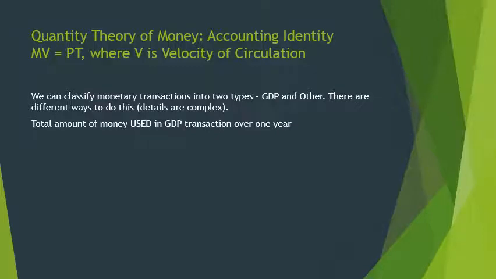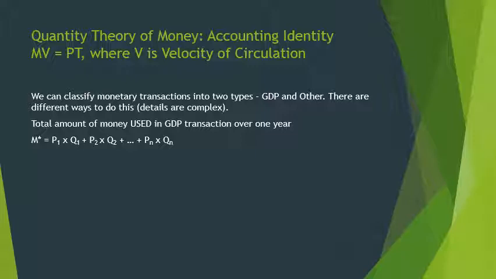The total amount of money used in GDP transactions over 1 year is just M star, where M star is money used in the first transaction, where quantity Q1 was sold for price P1, and so the product is the money used in that transaction. And in the second transaction, quantity Q2 was sold for price P2, and so the money used is P2 times Q2.